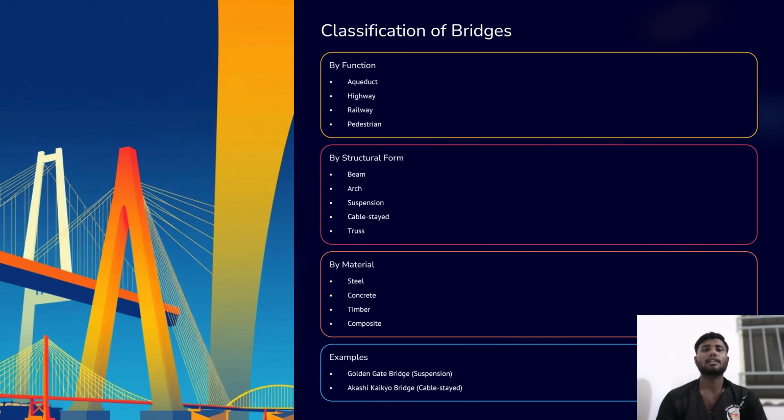So first we start with the classification of the bridges. We are classifying the bridges by function. The first types are highway bridges, railway bridges, and pedestrian bridges. Bridges built on the highway are called highway bridges. The bridges built to carry railways are called railway bridges.